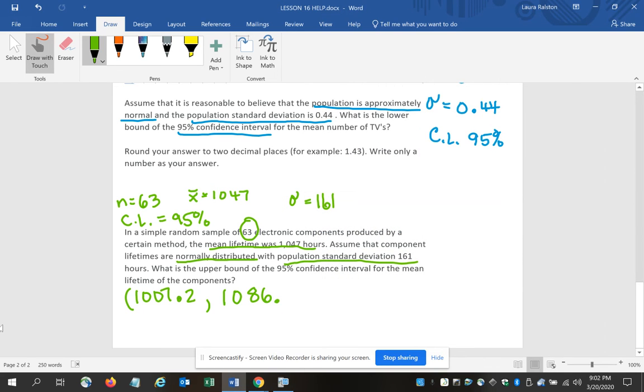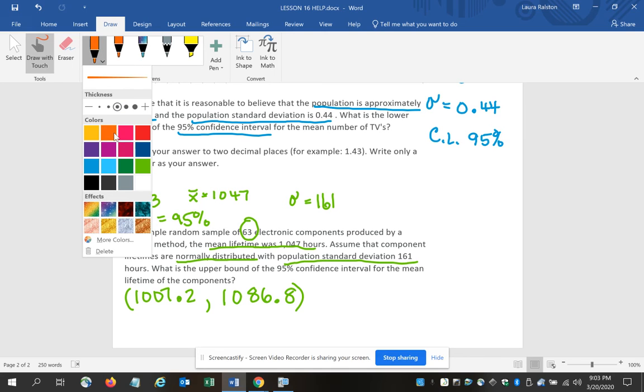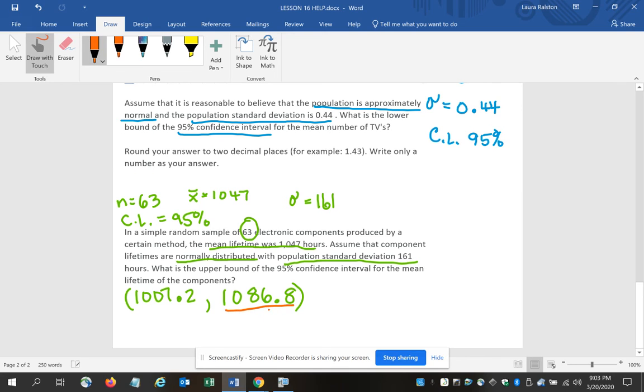Yeah, 0.8. It didn't indicate here what to round to, but you want the upper bound. The upper bound in this problem would be the 1086.8. You could enter it just like that, assuming it wants one decimal place. If you wanted to round to the nearest whole, that would be 1087.